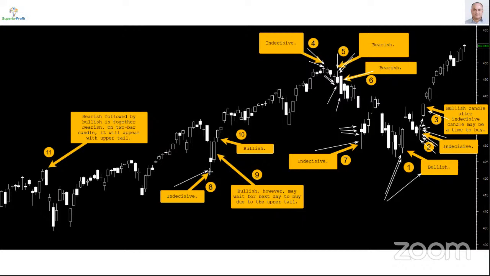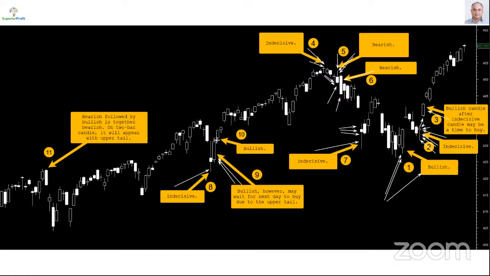Number 8, here also we have an indecision candle. Long upper tail, long lower tail. Next day, long body. There is an upper tail and lower tail, but relative to the body, they are smaller. So this is a bullish shape candle. We could buy on this candle, or we could wait.